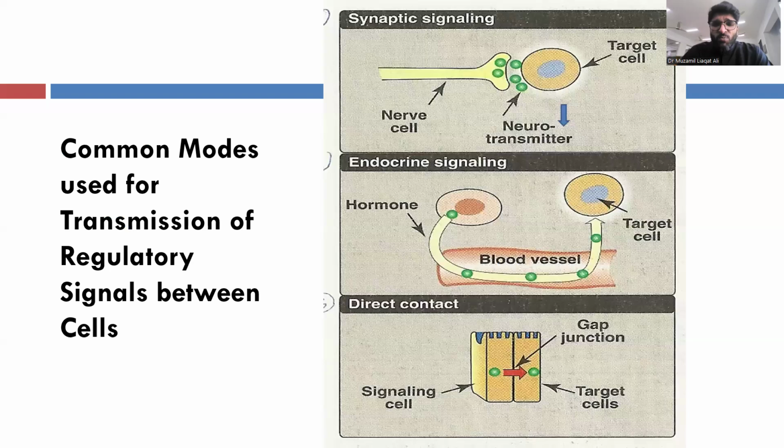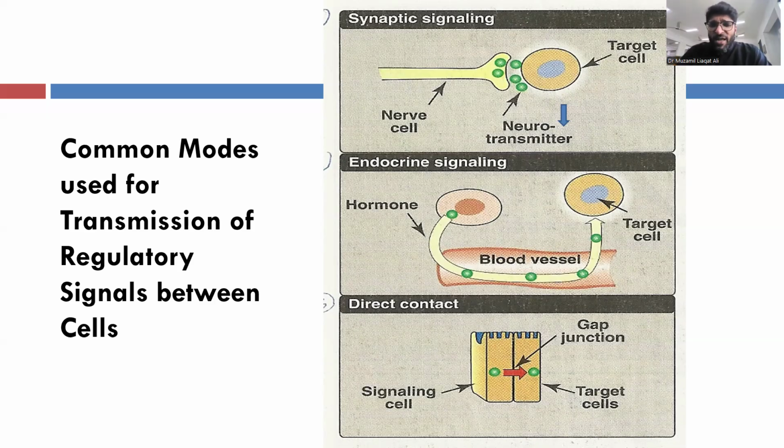So now let's move to the common modes used for transmission of regulatory signals between cells. We classify signaling by distance. The very first one is endocrine. In this type of signaling, the messengers travel long distances via blood. For example, insulin from the pancreas to distant target tissues. The next one is paracrine.